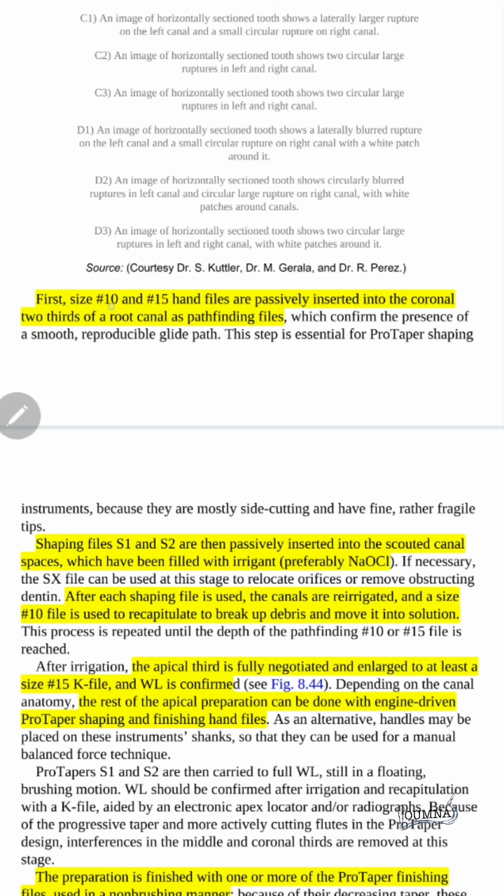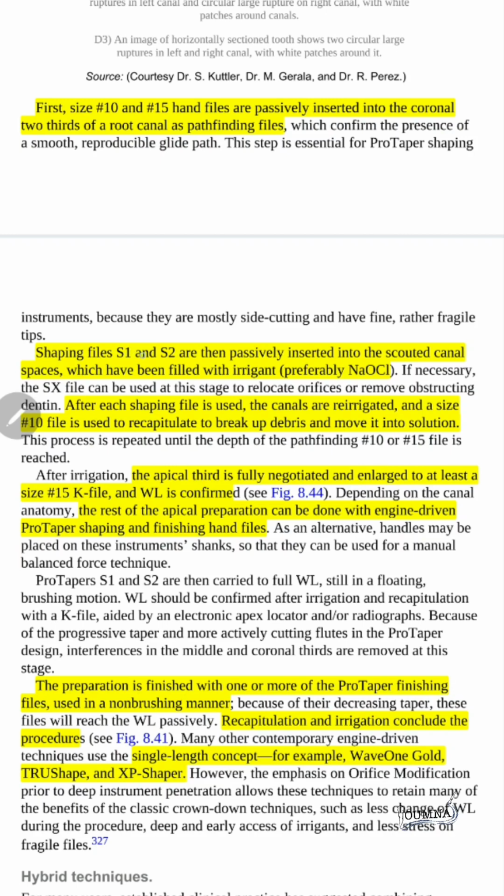We first insert size 10 to 15 hand files into the coronal two thirds of the root canal as pathfinding files. Shaping files S1 and S2 are then inserted into the scouted canal space, which has been filled with irrigant.